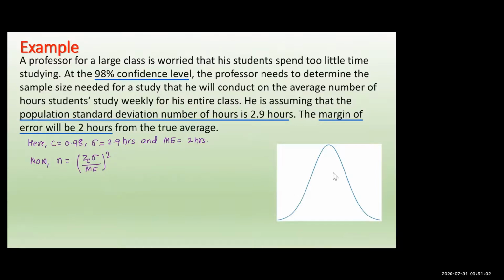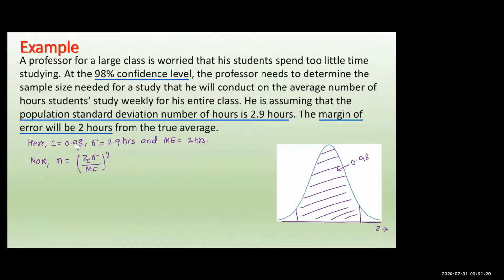So we are going to use the z distribution and find the critical value. Along the x-axis, you have the z value. We are at 98% confidence level, so the middle 98% area is here. Let us label that 0.98. You always have to draw the level diagram, so the area, then calculate the critical value.